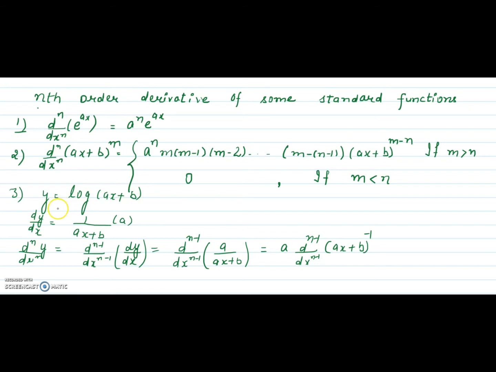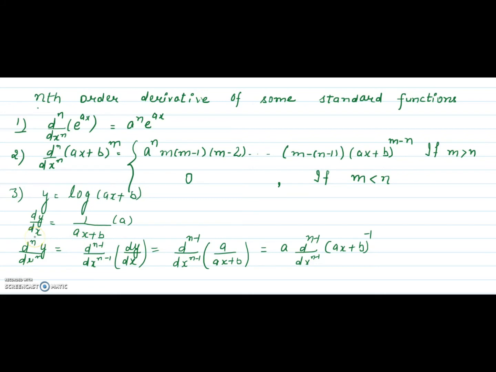For that, we will differentiate this function once with respect to x to get derivative of log ax plus b, which is equal to 1 over ax plus b, and again derivative of ax plus b is equal to a. So derivative of this y with respect to x is equal to a over ax plus b. But we need to find nth order derivative of y.